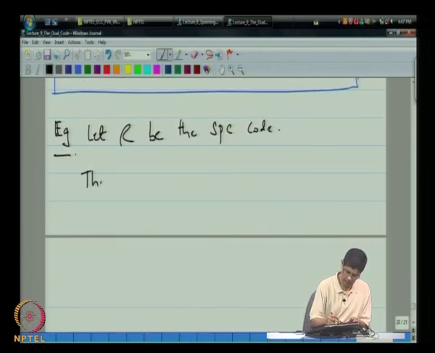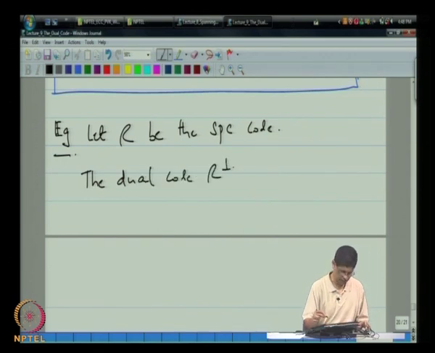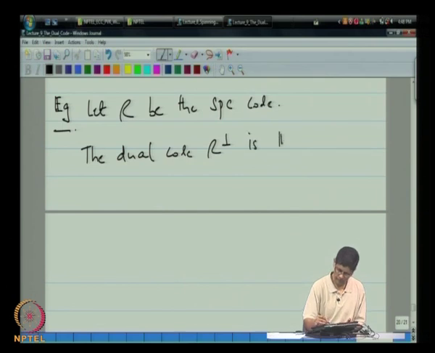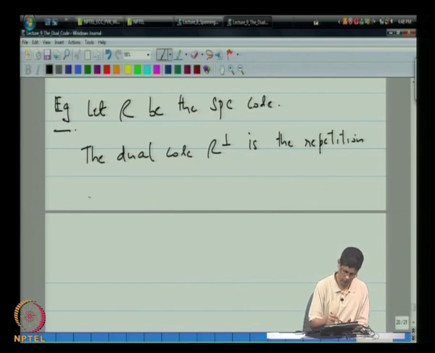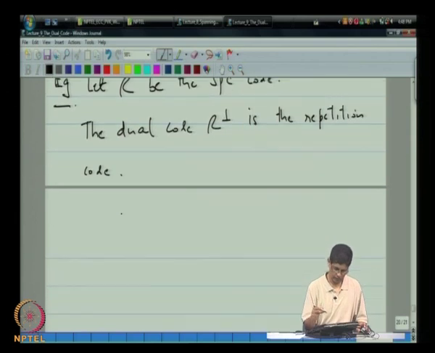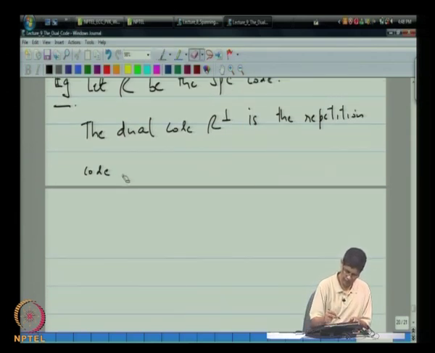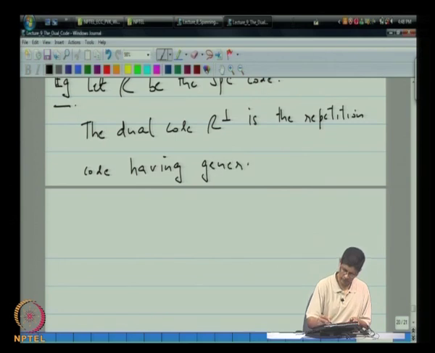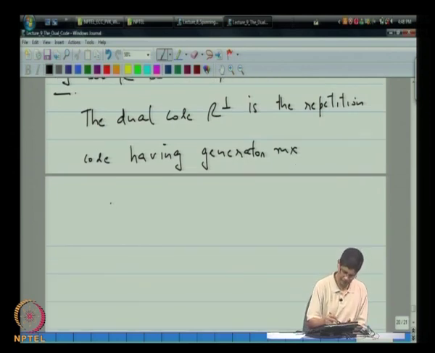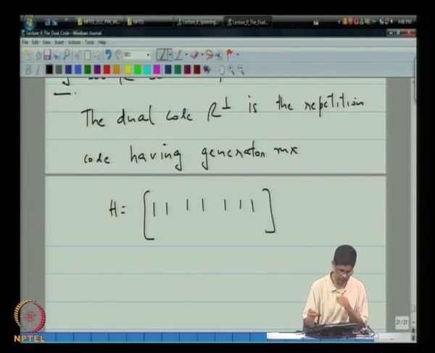The dual code C perp is the repetition code, having generator matrix H, which is 1 1 1 1 1 1 1, and we have already seen that.